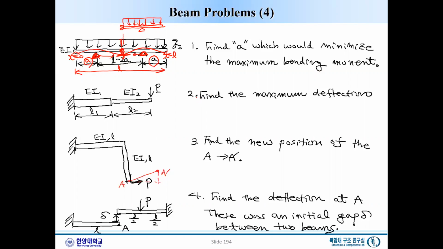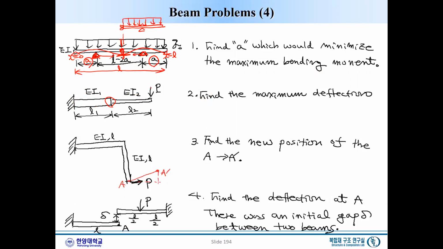Okay. Now, the second problem we want to cover is that two beams are connected, and one beam's stiffness is EI1, and the second is EI2. And again, they are completely connected. On the left-hand side is a simple clamp.